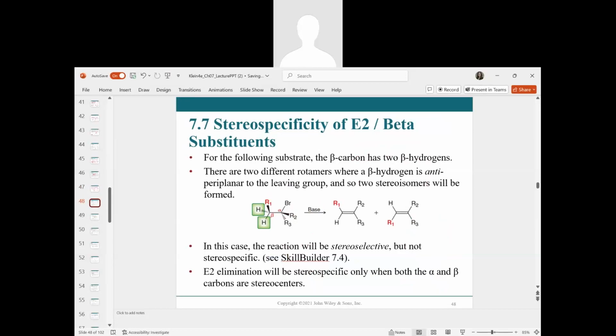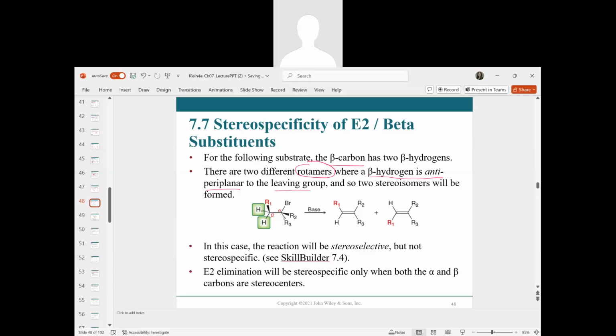So what if we look at a substrate where our beta carbon has two beta hydrogens? What we can see is that two different rotamers can exist, again, like we saw previously, and one beta hydrogen can be in an anti-periplanar conformation to a leaving group, and this can result in two different stereoisomers.